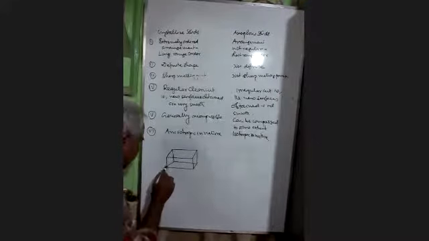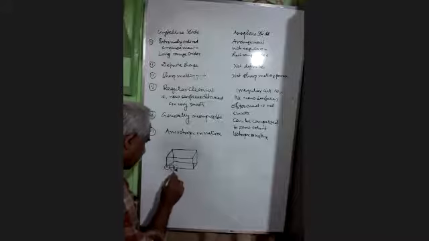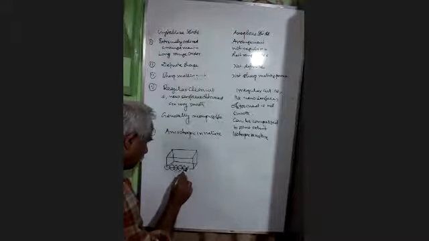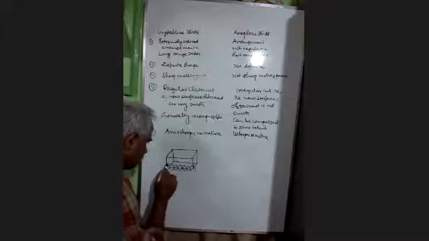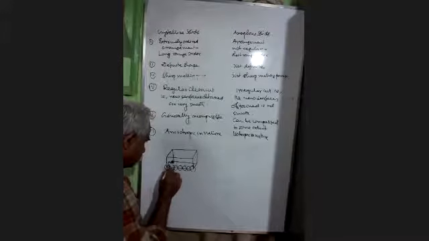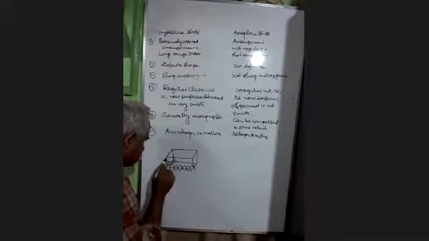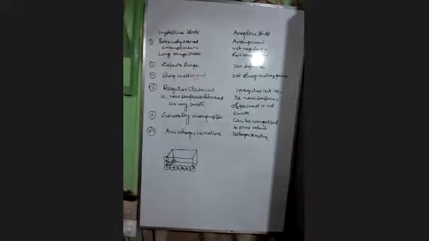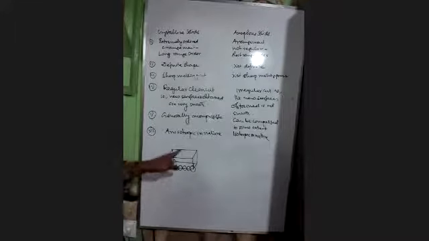See, this is the particle. In the length, 7 particles are there. In the breadth, 4 particles are there. In the height, 3 particles are there. So this is a very transparent crystal.